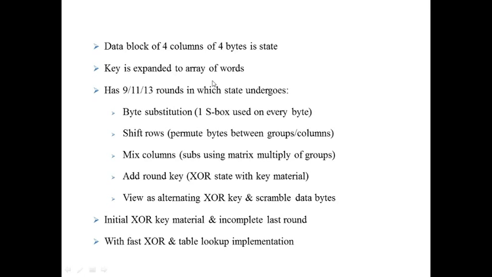What is state? The state is an operation performed on a two-dimensional array of bytes. The key is expanded into 44, 52 or 60 32-bit words with 4 used in each round. Note that the ordering of bytes within a matrix is by column.